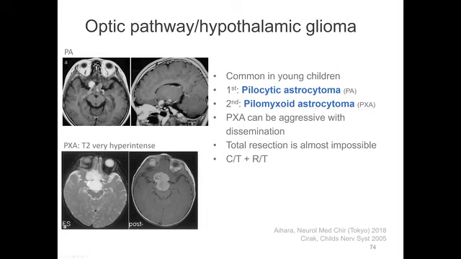And besides, the pilomyxoid astrocytoma can be more aggressive and could disseminate more easily than the pilocytic astrocytoma. And with either one, usually in this location, total resection is almost impossible. So the surgeon or the oncologist might tend to use chemo and radiotherapy to treat this group.